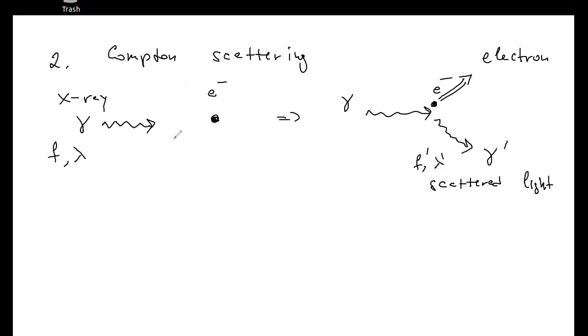Because the electron was oscillating on the same frequency as the frequency of incoming light, the electromagnetic wave. So I believe people introduced this angle theta.